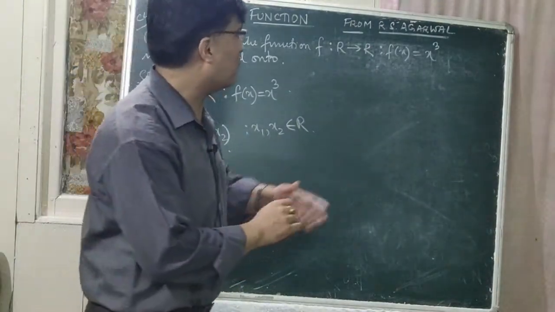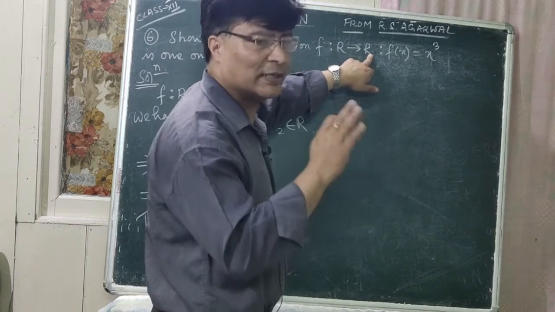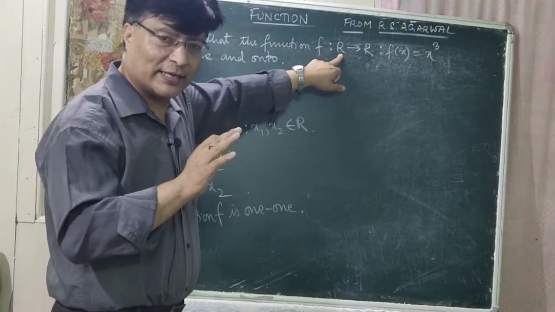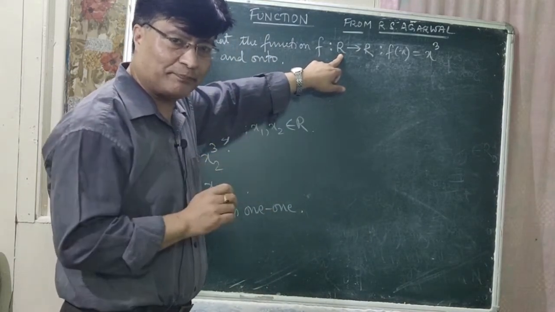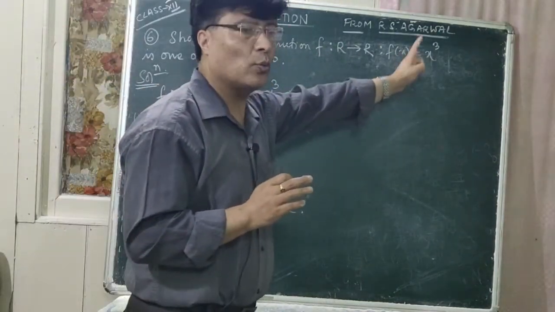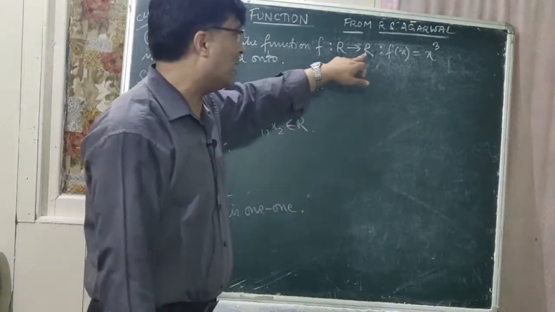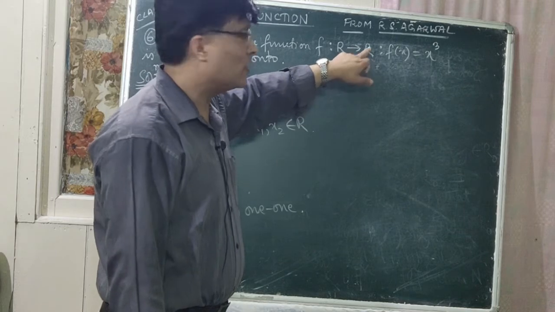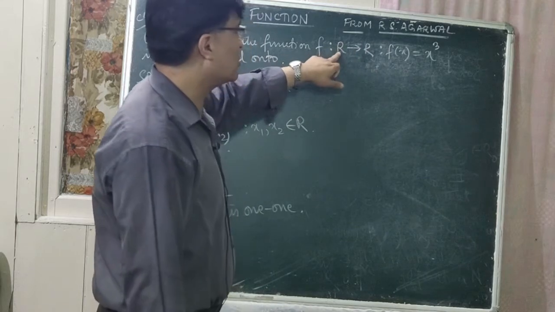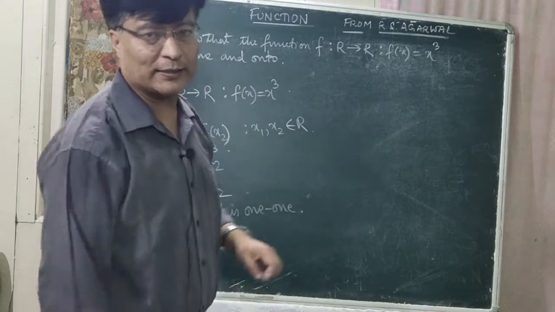For every y belongs to the codomain R, there exists x belongs to the domain R such that f of x is equal to y.